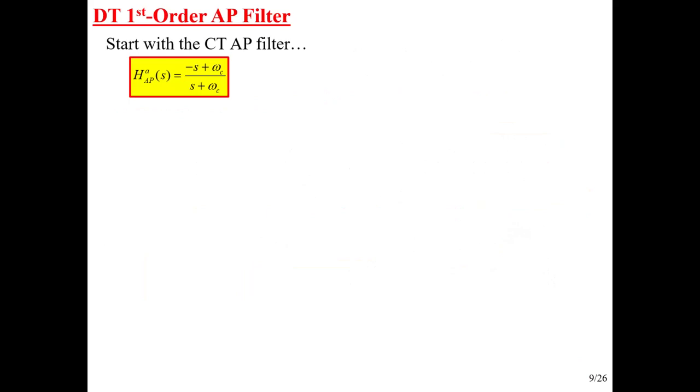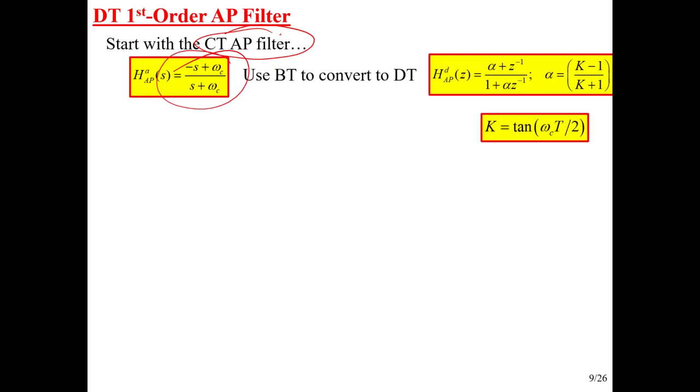So let's get a discrete time first order all pass filter, and just like before, we're going to start with the continuous time all pass filter, largely because those are used in analog audio systems, and what we want to do is make sure we're getting something that is as much as possible mimicking that. So we start with the one that we started with at the very beginning, and we apply the bilinear transform.